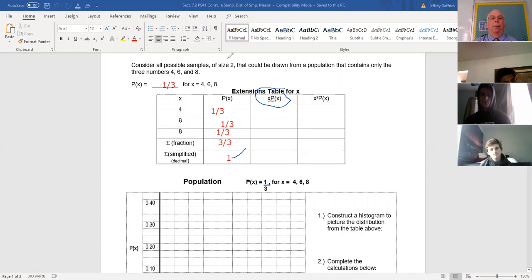So this one's 4/3. That one is 6/3, right? That one is 8/3, right? If we add all those together, what do we get? We get 18/3, right? 18 divided by 3.